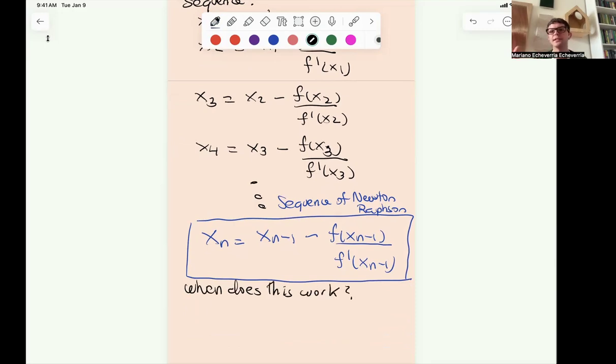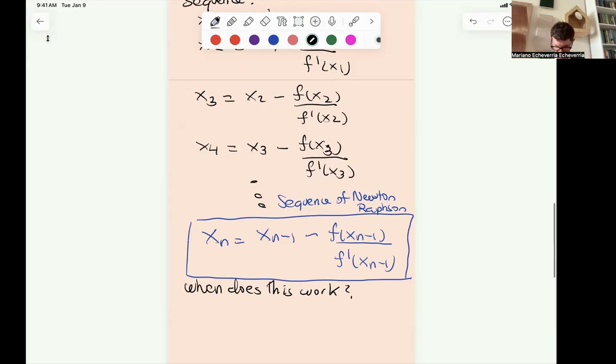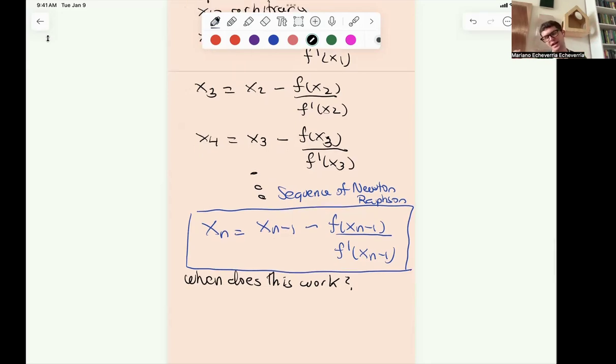So for now, first thing, let's notice what happens if you know for whatever reason that the sequence converges, right? What can you say if you know that the sequence converges? Because as I said in class before, you should always think of these problems as two steps. First, you worry about the sequence converging or not, but then if you know convergence, what can you say about the limit?